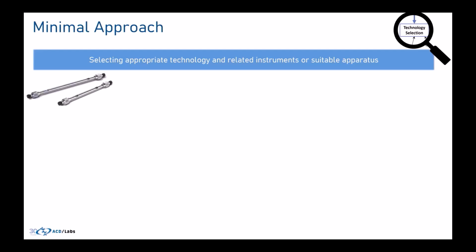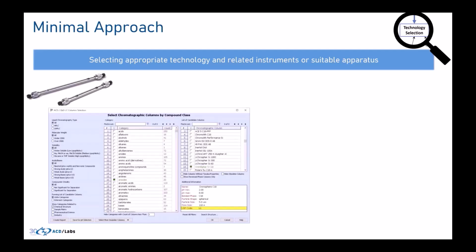So what type of column should I use? What is the largest variety of columns that I can use to make sure I'm not missing something and really have the best separation? Are there compounds that would work better for me because of my compound class? So all of these questions can be answered in the column selection tool that comes with AutoChrom. So here you can see filtering of compounds by categories.